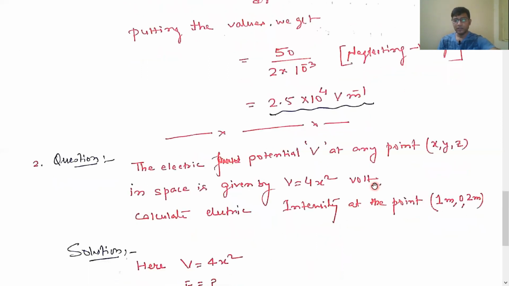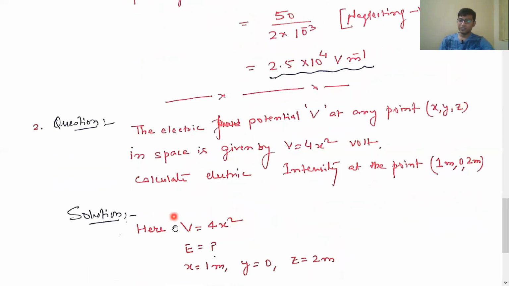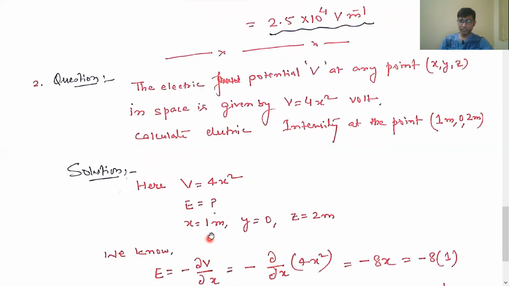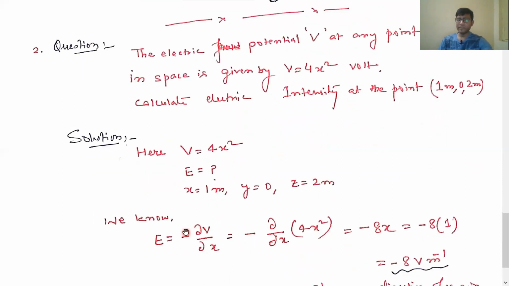So V is equal to 4x square, this is given. Electric field E is equal to question mark, because we need to find it. The point is x equal to 1, y equal to 0, z equal to 2. The expression we know is E is equal to minus dV by dx.